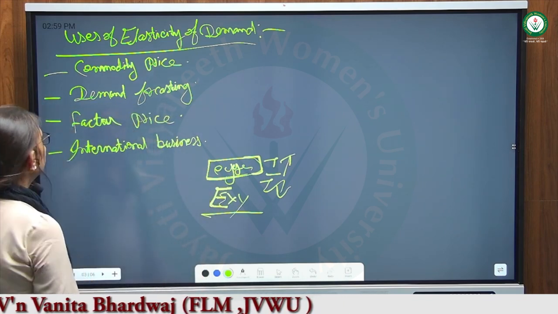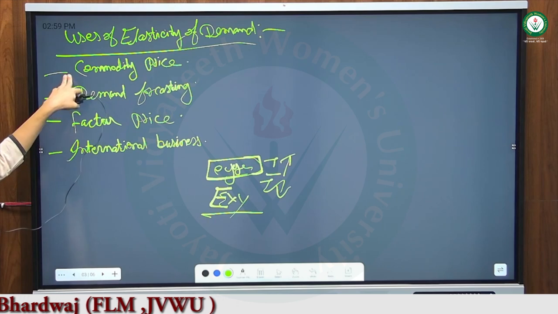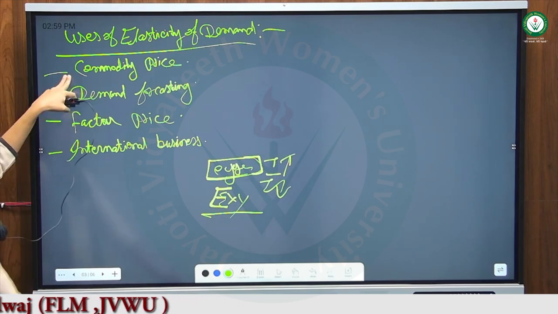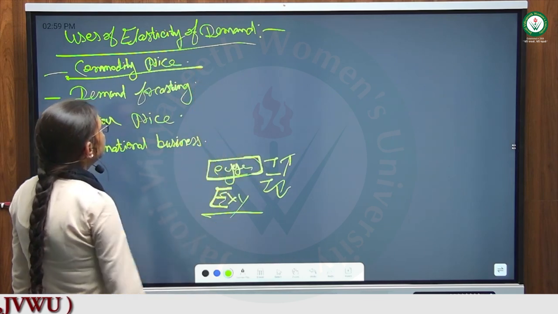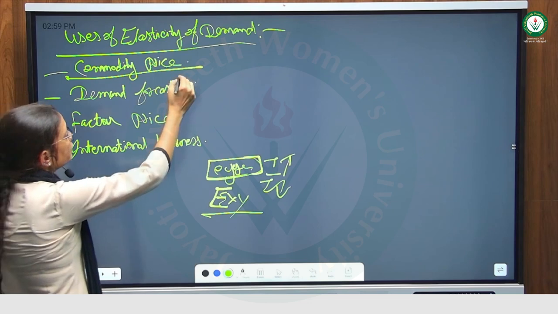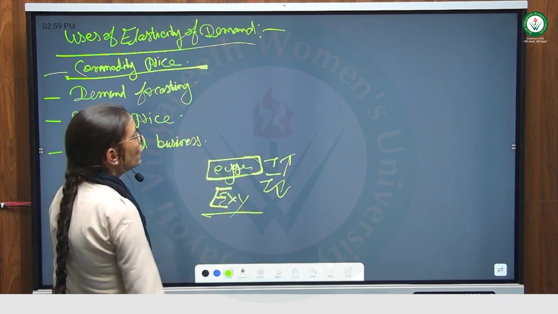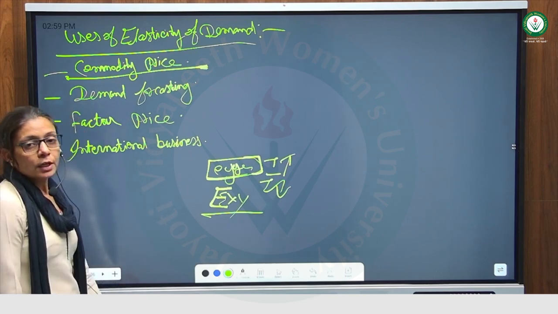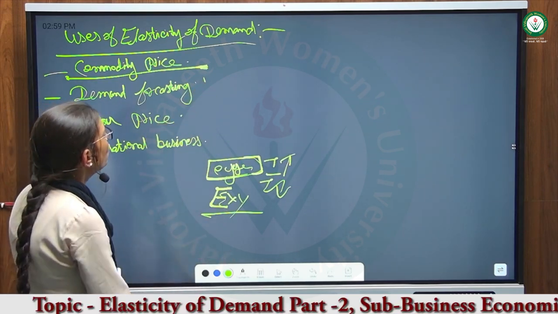But what is the use? First, commodity price determination. The first use of elasticity of demand is how a producer or a company decides the price of their commodity. The answer is, if the commodity's demand is inelastic, he will charge higher prices.